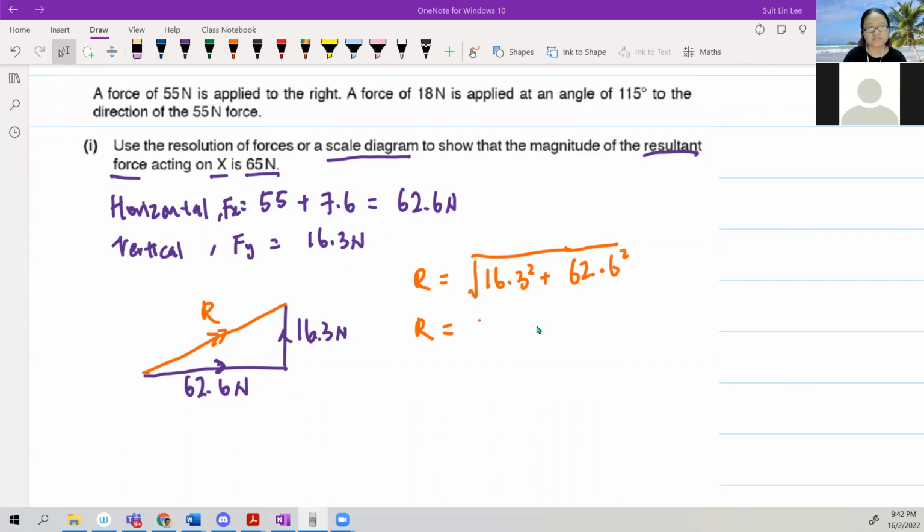So this is 64.68 or 69, so approximately 65 Newton, which is shown.